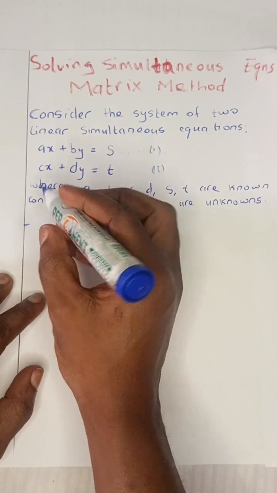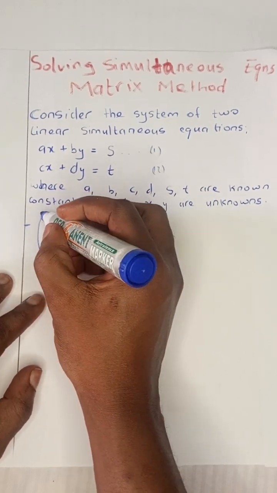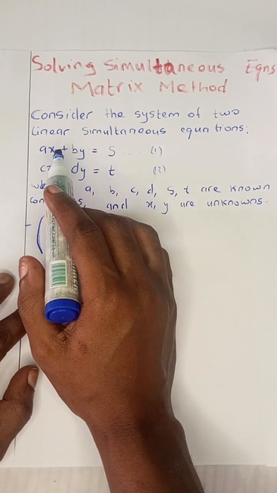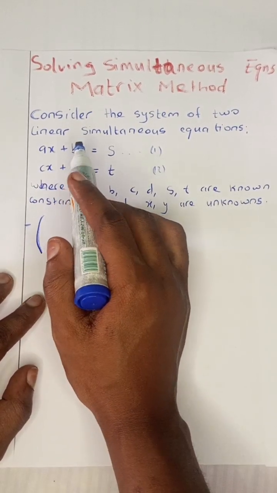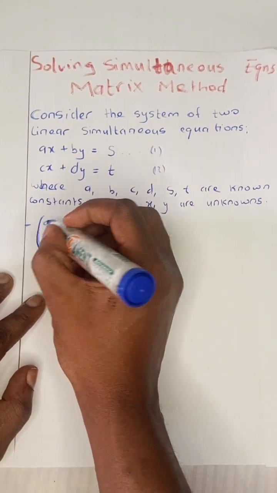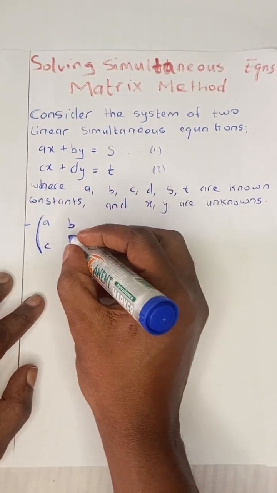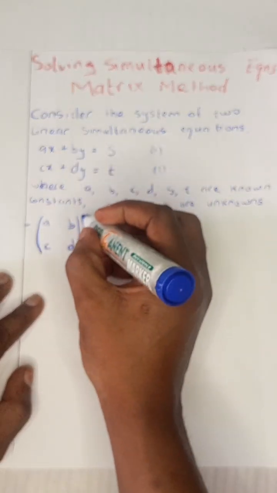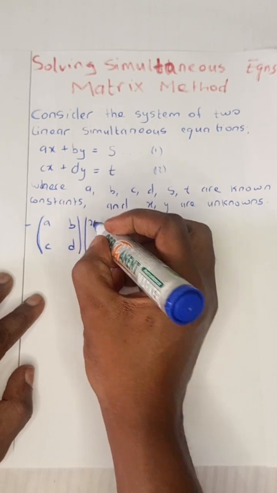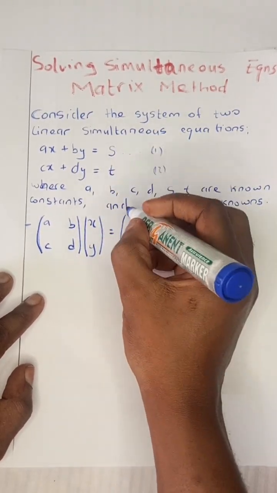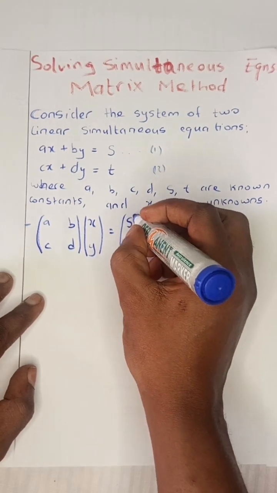The first matrix will be the matrix of the coefficients of our system. In this system, x and y are the unknowns, so the coefficients here will be a, b, c, and d. The unknowns x and y are equal to s and t.